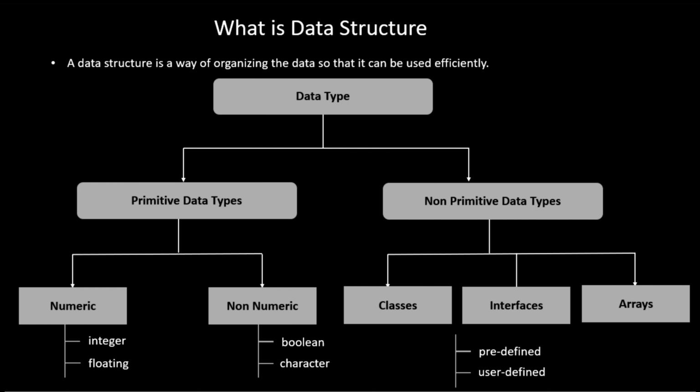Predefined is what the library provides us. For example, in Java we have list, array list, linked list, stack, etc. These data structures are already defined in Java libraries. Whereas user defined means we need to create them depending on the use case.